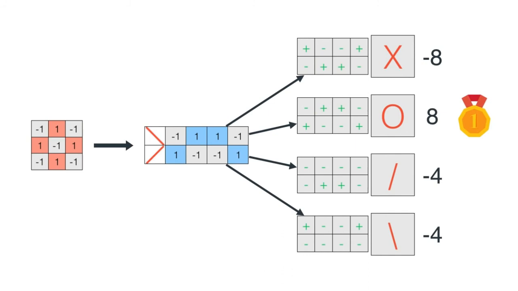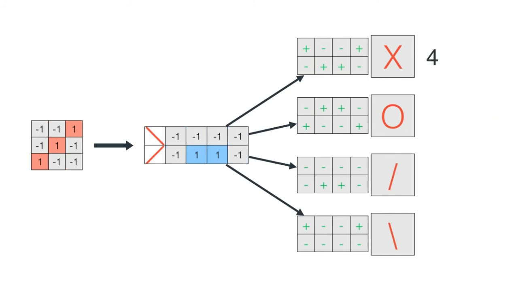So we conclude this as O. Similarly for the third, that is the forward backslash, we get 8. The third one wins. And this is basically the backward diagonal.